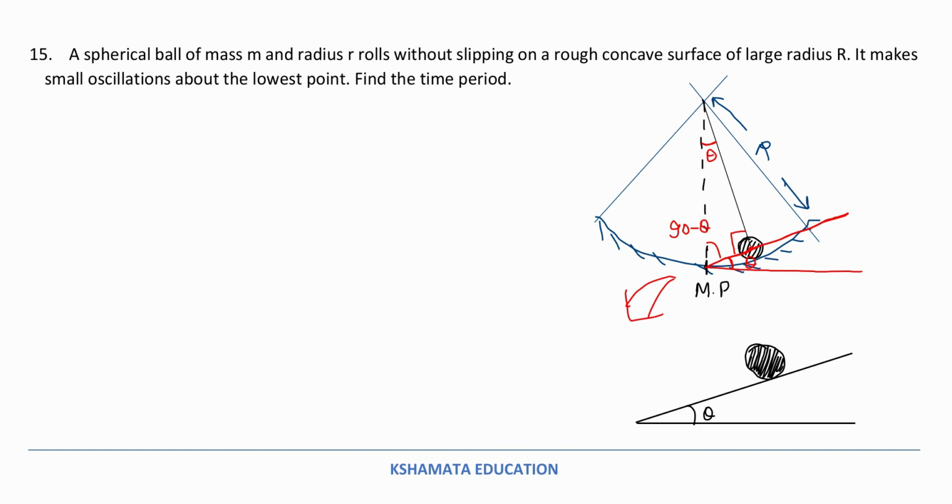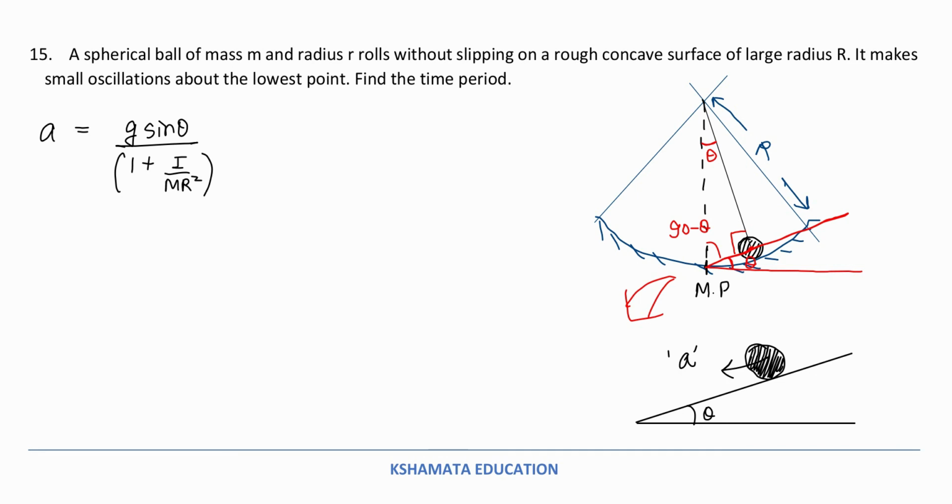The restoring acceleration is acting down the inclined plane. From rotational motion down the inclined plane, we already know the formulation g sine theta upon 1 plus I by m r square.